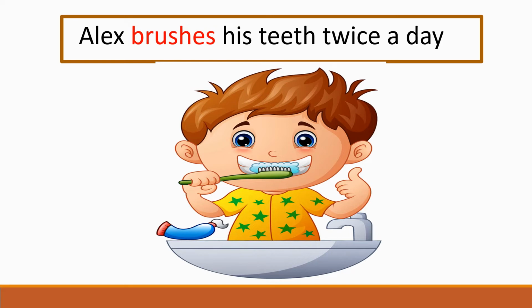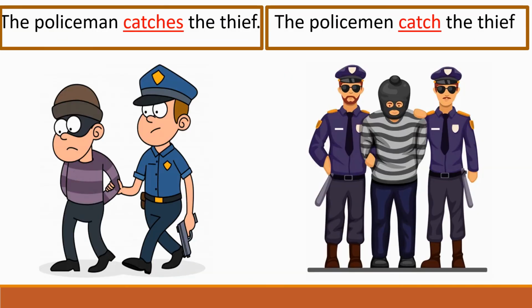Why have we added es to the verb? Because the noun Alex is singular. Understood, student? If the noun is singular and the verb ends with sh, then we have to put es at the end of the verb.